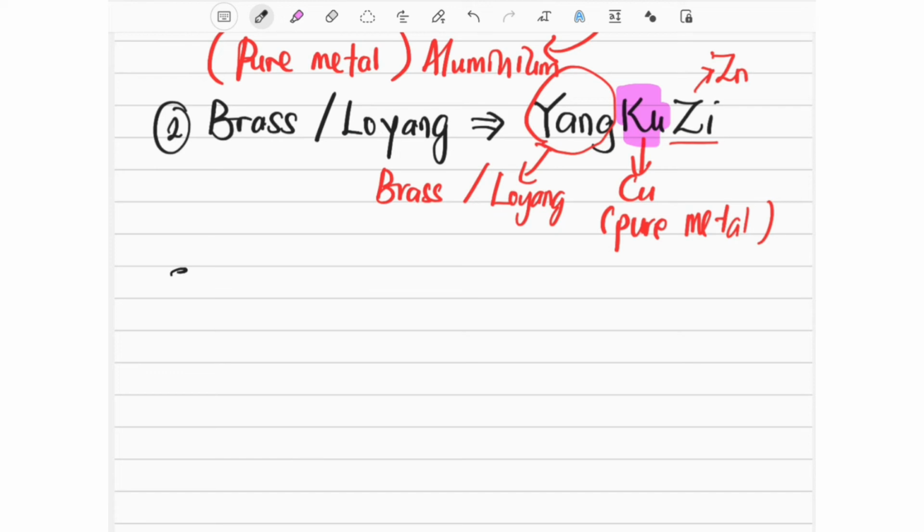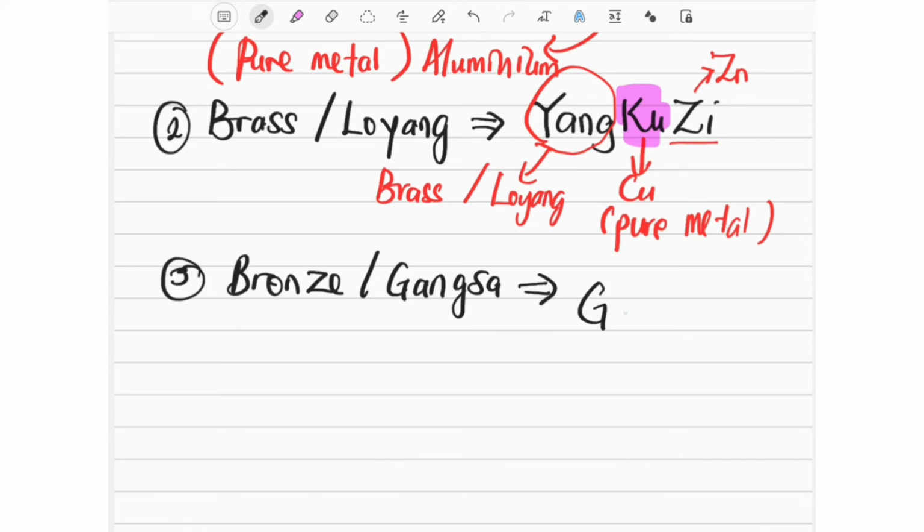Okay, number 3, bronze, gangsa. So ingat, gang, ku, ti.